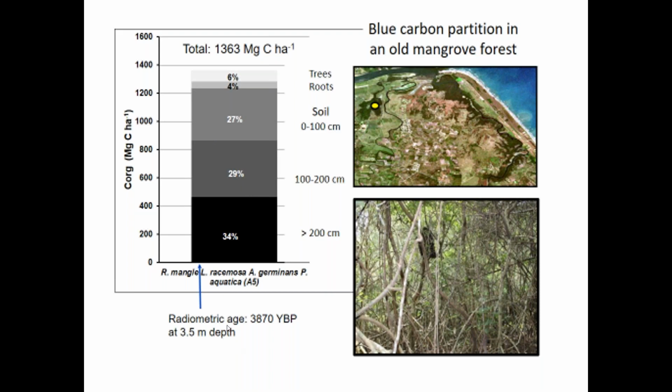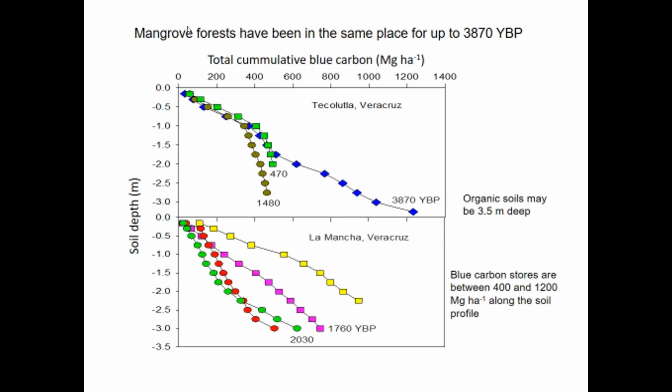Our radiometric age for this special site here is 3,870 years before present. So that means that more or less for the depth that we are obtaining, we get 1 millimeter per year. The mangrove forests have been in the same place then for 3,870 years.